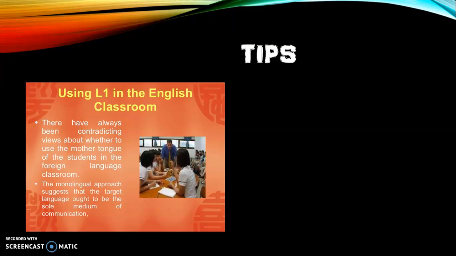Okay, another tip about using L1. You know, there are some teachers, some people that say that it's okay. I myself agree with the monolingual approach, which says that the target language ought to be the sole medium of communication.